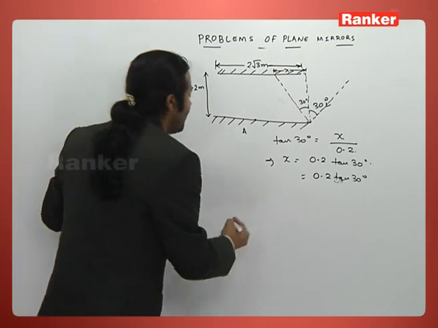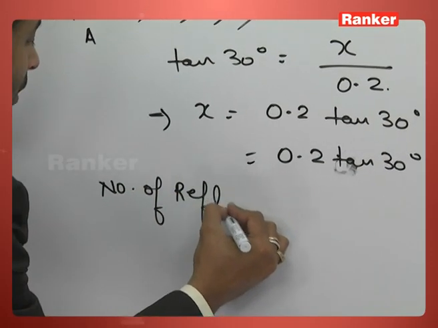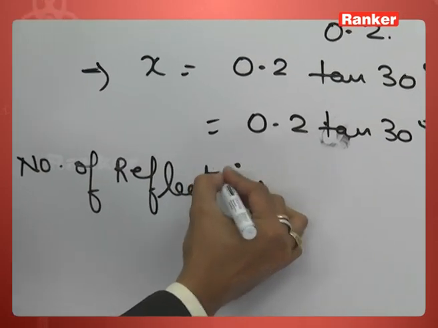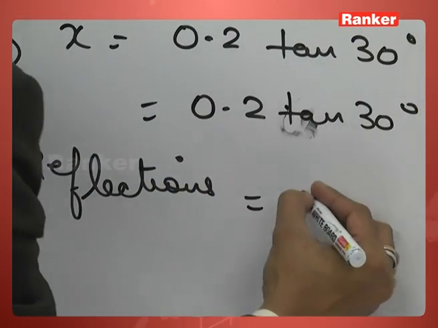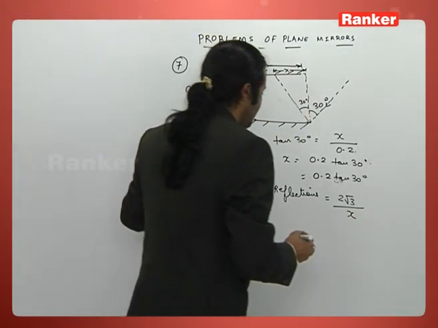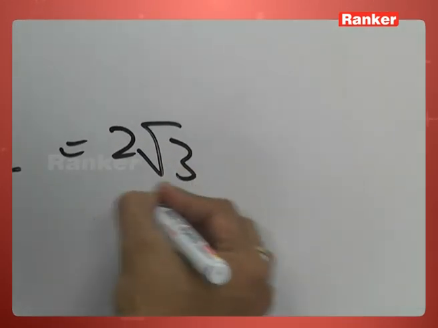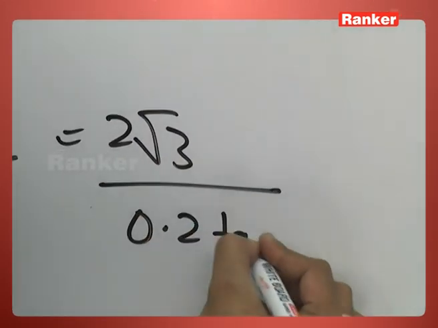So here I can write number of reflections is nothing but 2 root 3 divided by x. So this is 2 root 3 by 0.2 tan 30.